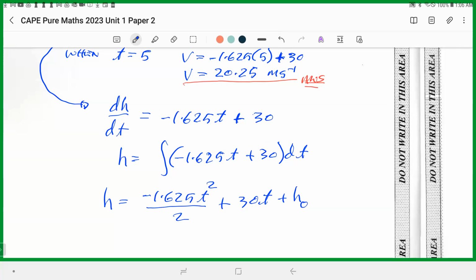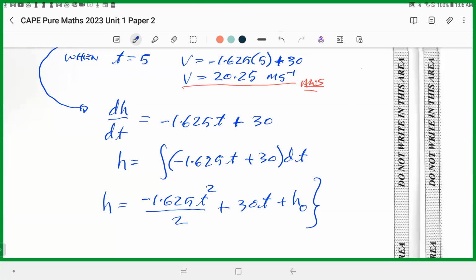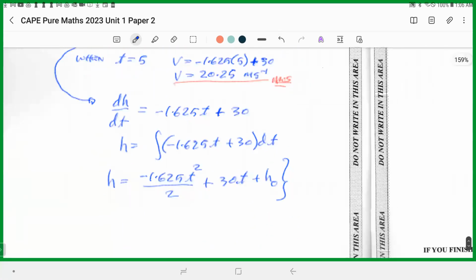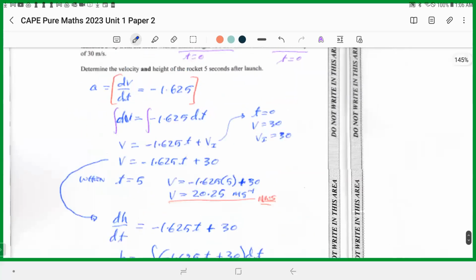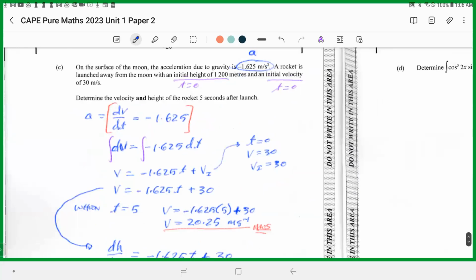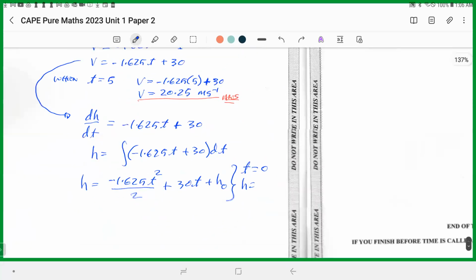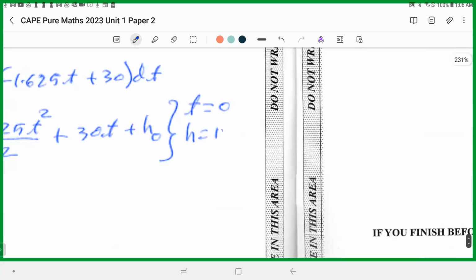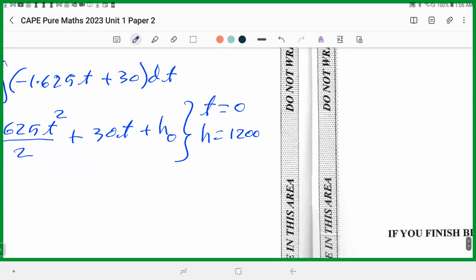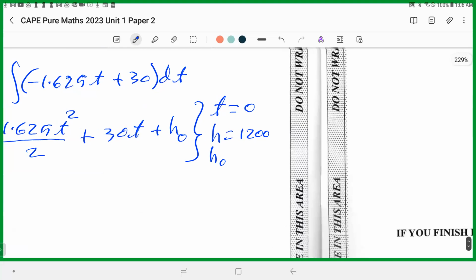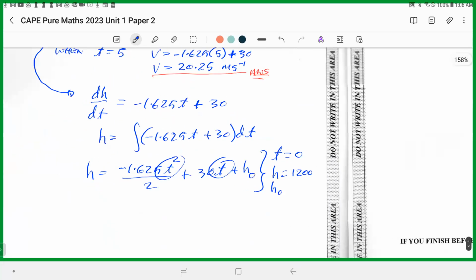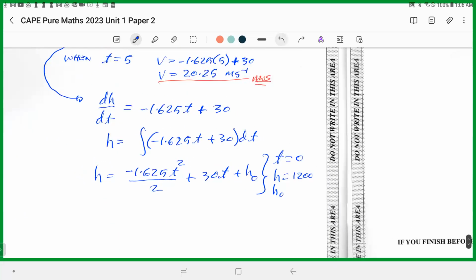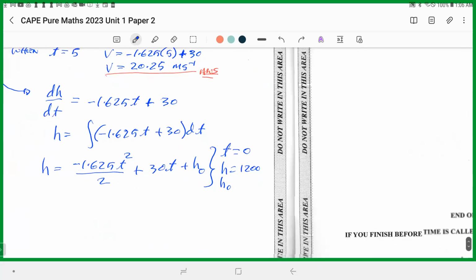And so when t equals 0, the initial height was what? Initial height was 1200 meters. And therefore, because you put 0 here, 0 here, and 1200 over here, we get that this h0 is 1200.